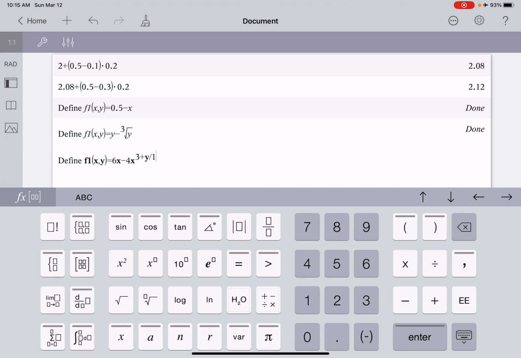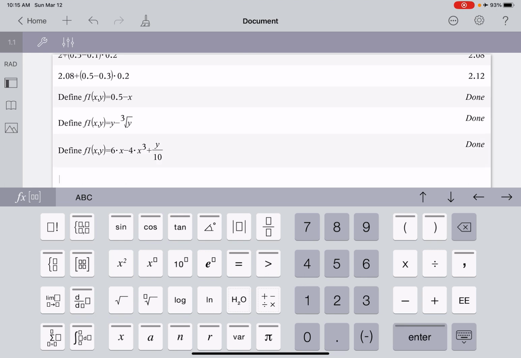Ooh, I never got out of my exponent. I'm glad I caught that. All right, there you go. 4x cubed, gotcha. And now here we go, plus y over 10. That probably would have made a tough problem much, much tougher. Okay, let me just visually verify. Yeah, that looks good.